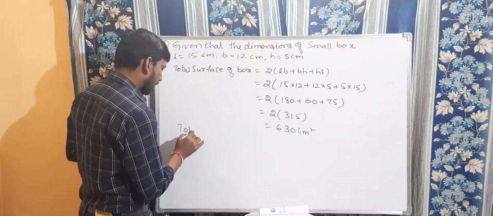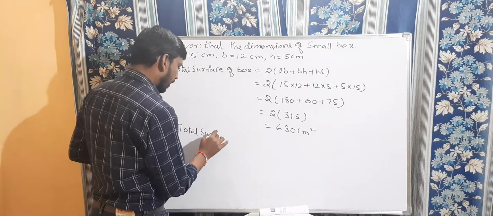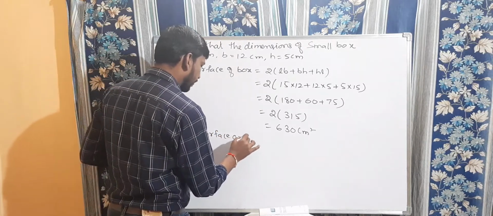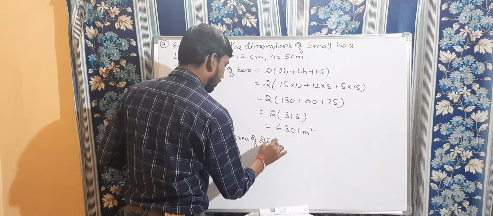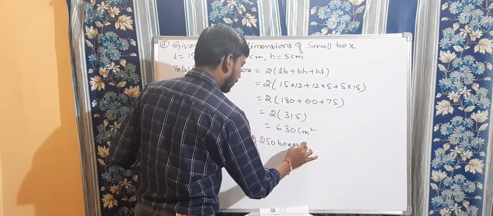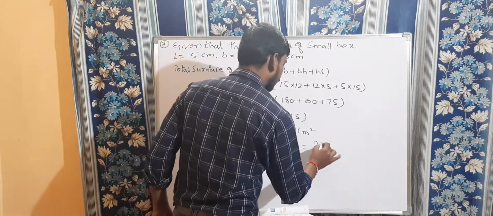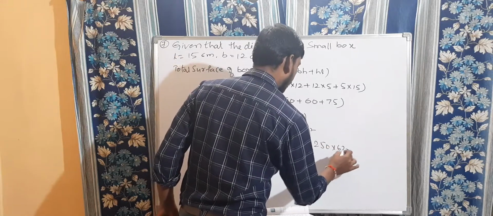Now, total surface area of 250 boxes is equal to 250 into 630.